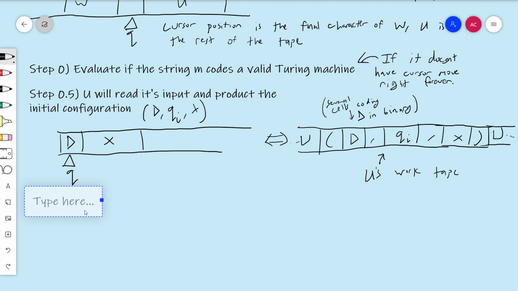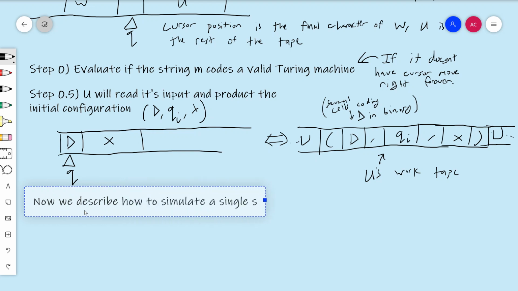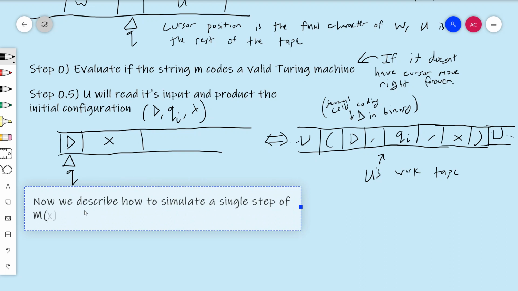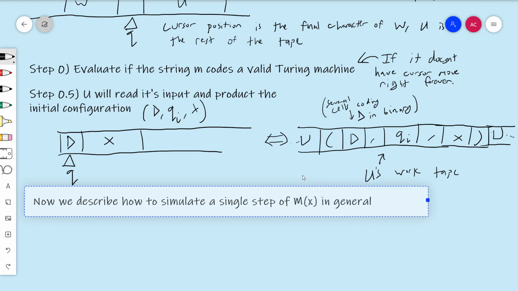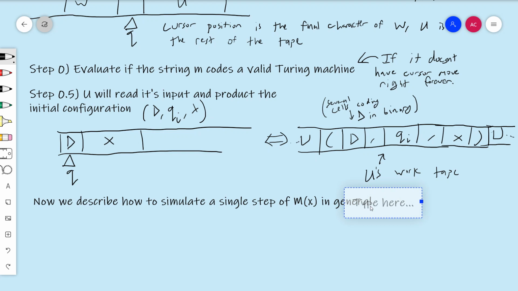Right? We've talked about this many times already. So now we describe how to simulate a single step of M of X in general. If I can do that, then I'm done. That's why I said this was step 0 and 0.5. Everything I've set up until now is sort of just preliminary housekeeping. So what are we going to do?